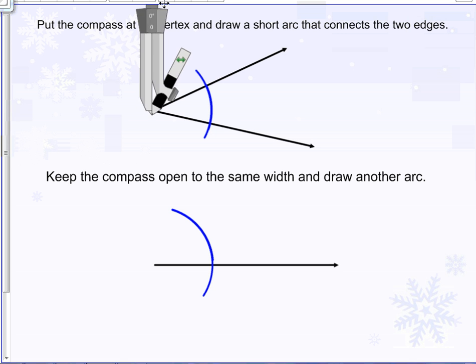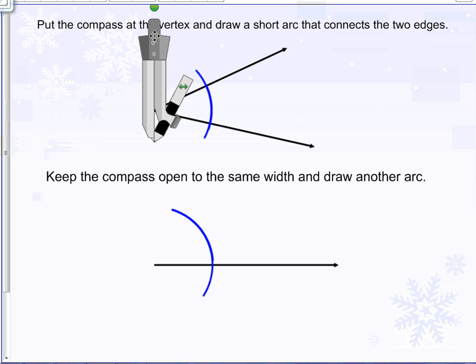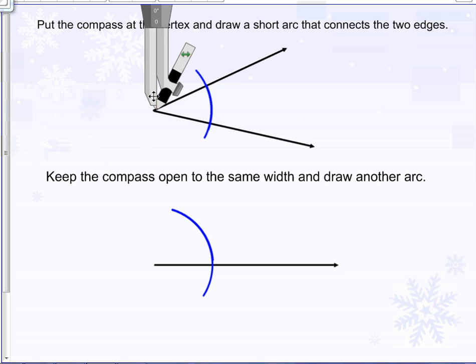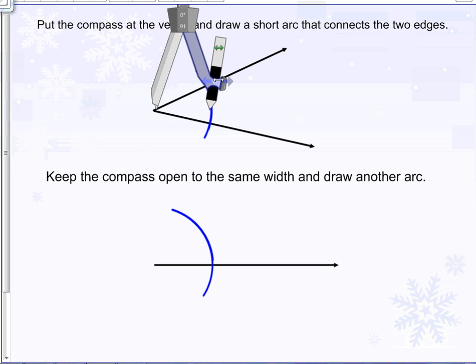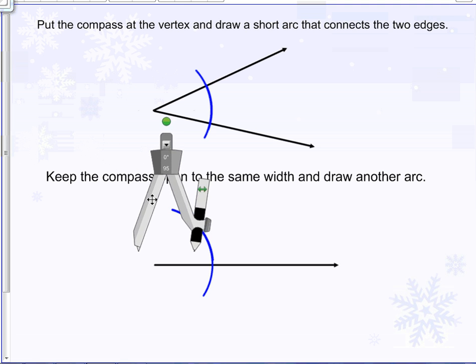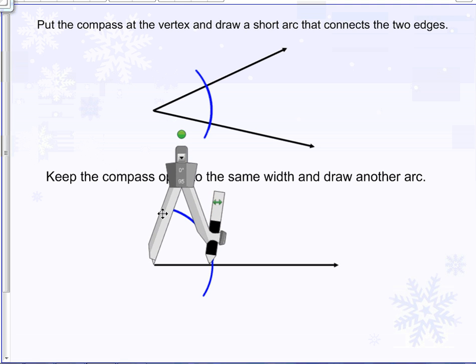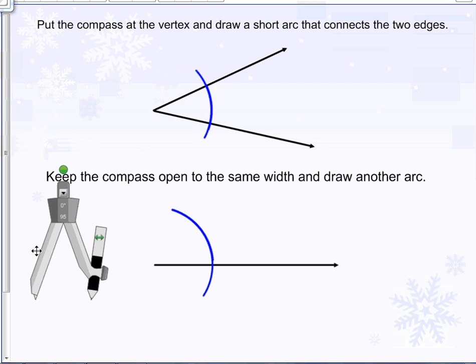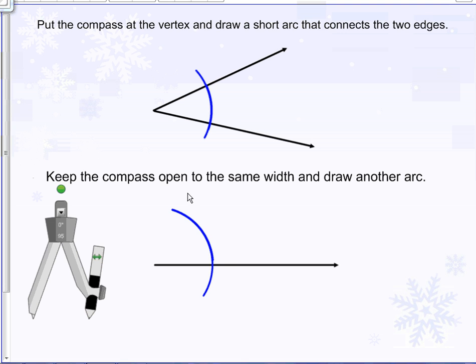So take your compass, put the point right on the vertex here, stretch this out, and then draw the arc. Now, again, do not close the compass from that particular length. You're going to transfer it down, put the pointy side on the vertex, and then draw a big arc on your ray, just like it's shown here.